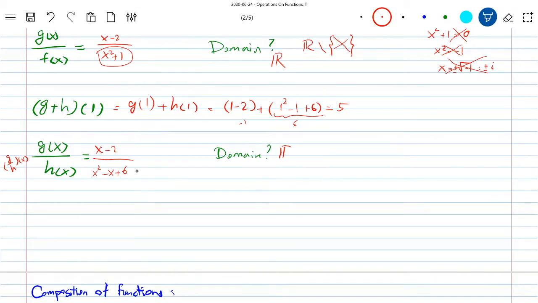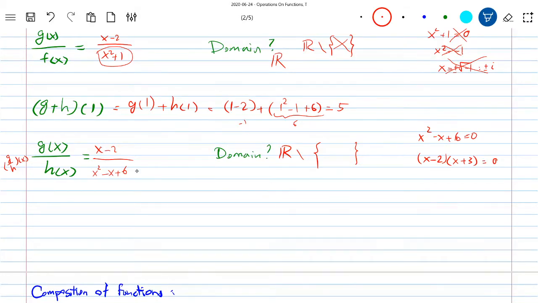What is the domain? Domain is all real numbers, except where you get the denominator equal to 0. You have to exclude those points. So figure out where x squared minus x plus 6 equals 0, and take out those points. You can factor this as x minus 2 times x plus 3.